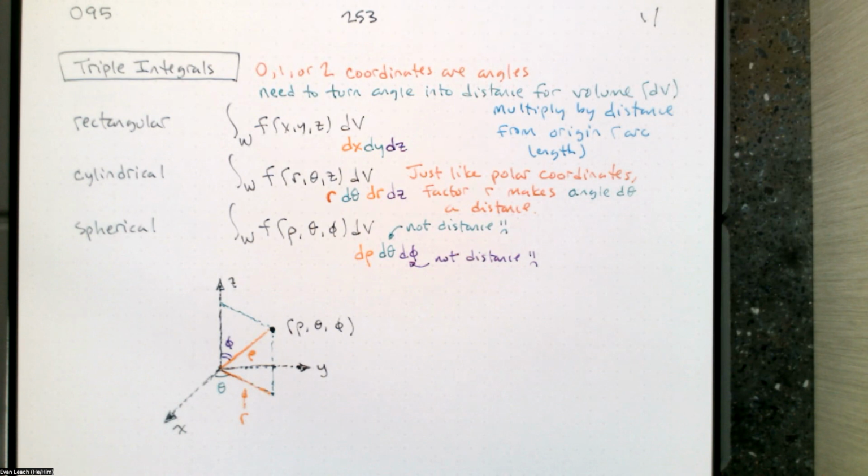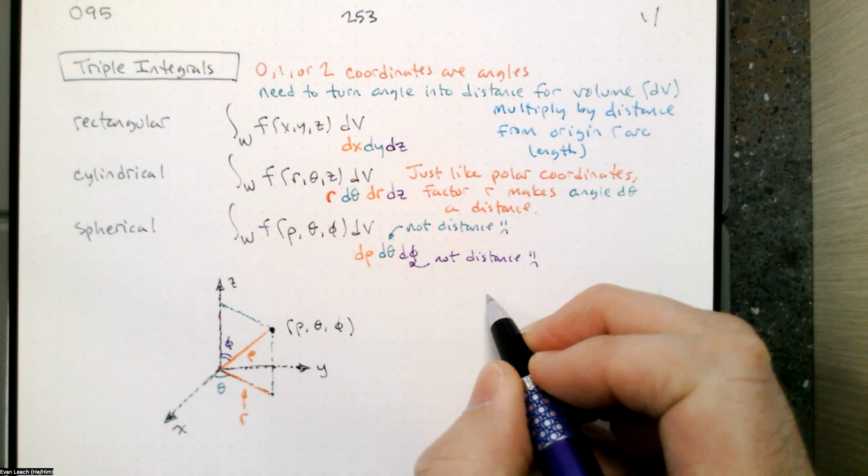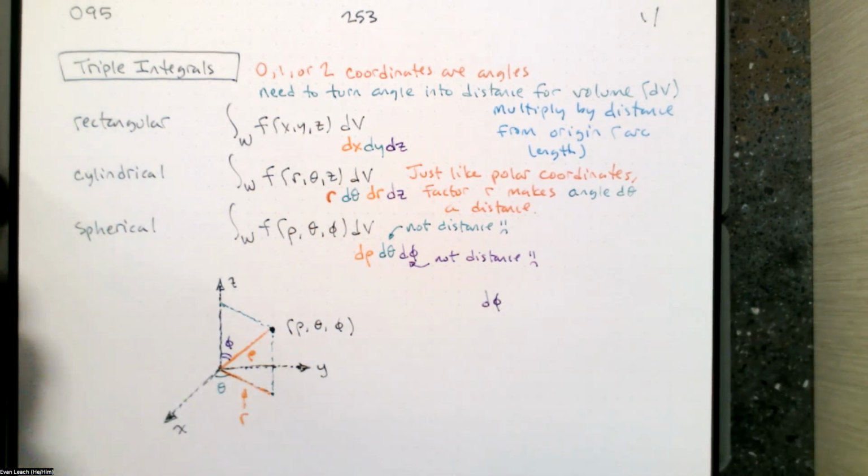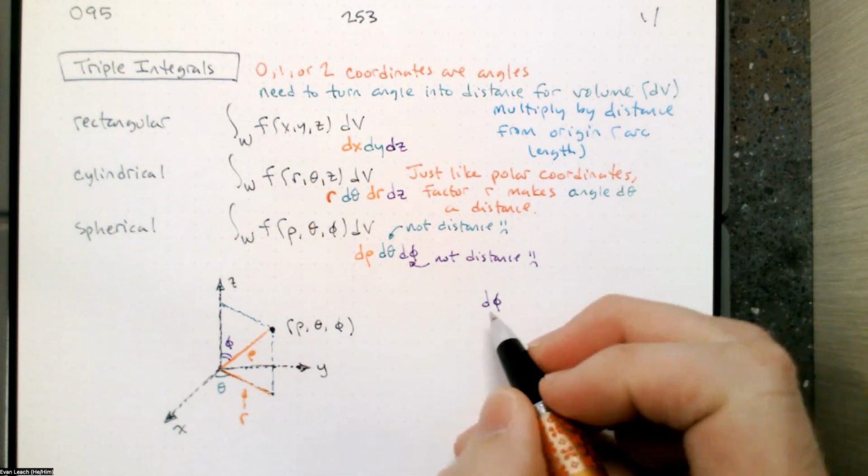That's rho units away from the origin, so that's how d phi becomes a distance. To make d phi a distance, we just multiply by rho.